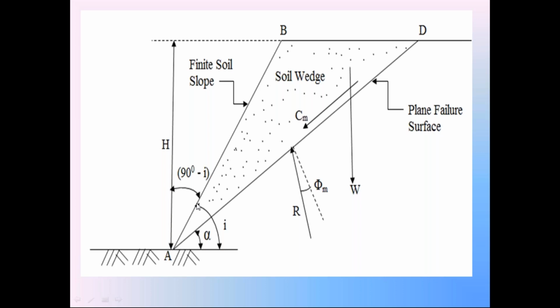Now, what is the length of the side AB? To find out the length of this AB, take this right angle triangle in the diagram. Please everyone follow this.